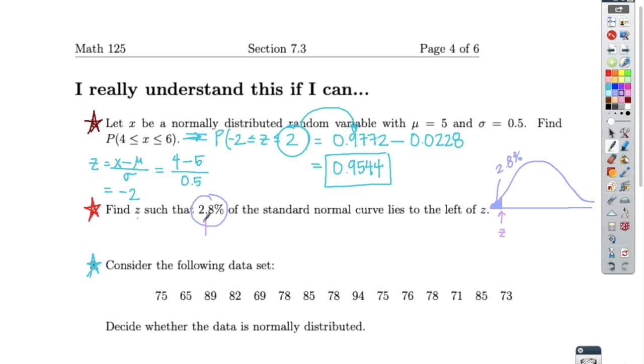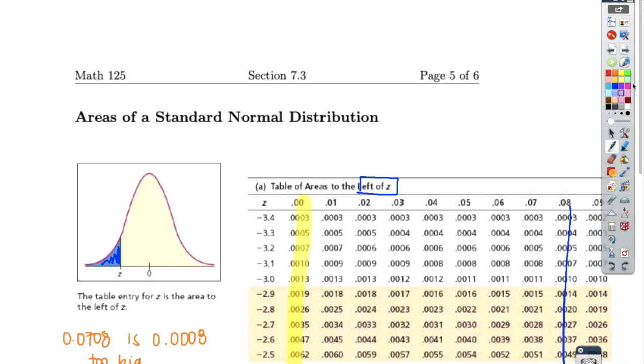So let's start by writing that as 0.028. And then let's tack on a fourth 0, because all those areas in the table are expressed using 4 decimal points. So 0.0280.